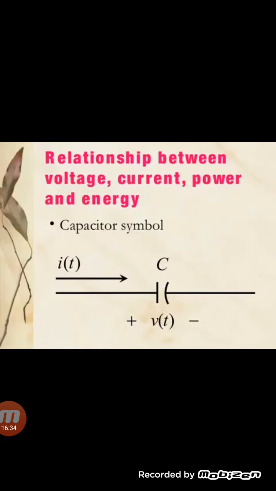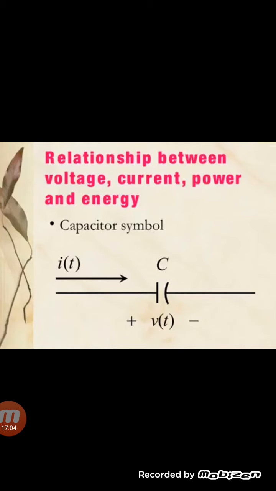Okay, what I told you in the start is that we will find the relationship between the voltage, current, power and energy. So the capacitor symbol is this one: one side straight and the other side curved. i(t) is the current and v(t) is the voltage from positive to negative.